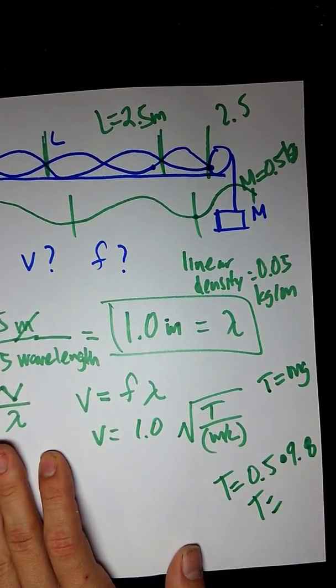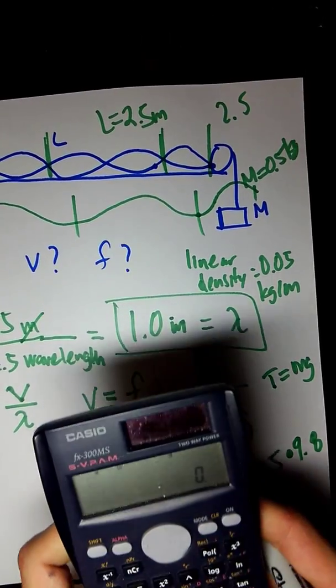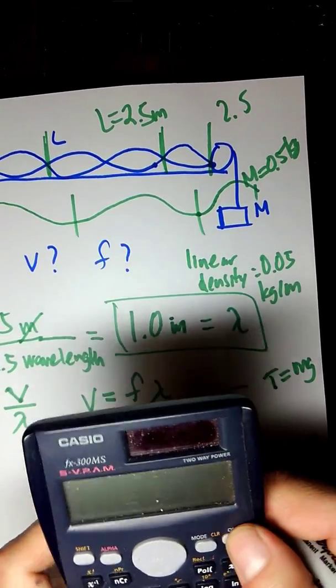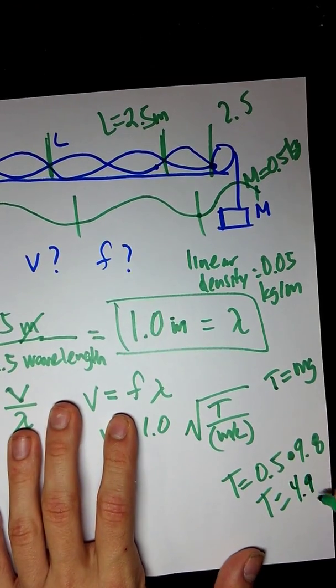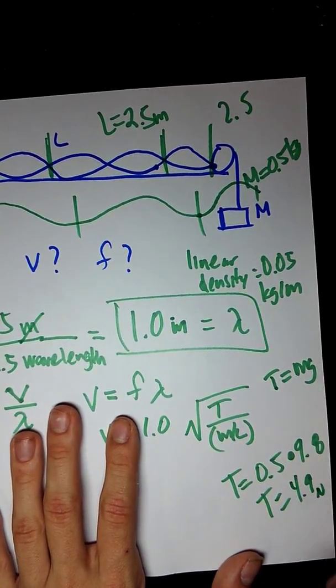If I plug it into my calculator, 0.5 times 9.8 is 4.9, right? So I get 4.9 newtons pulling down.